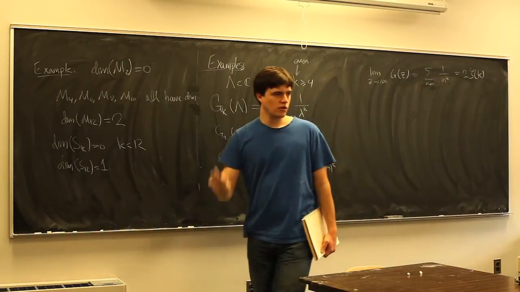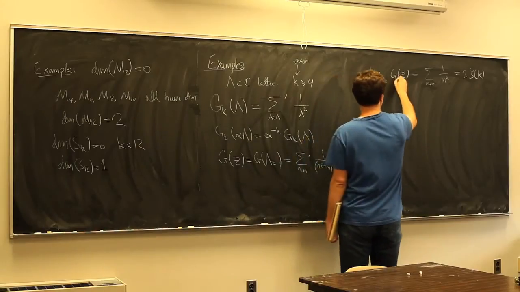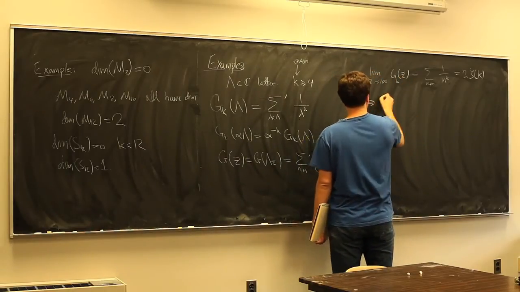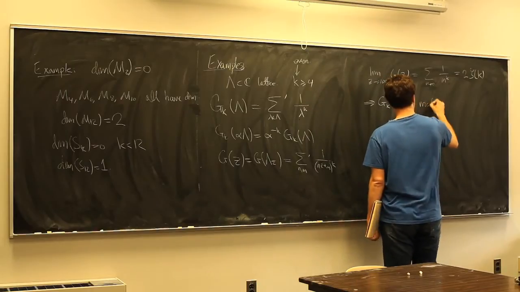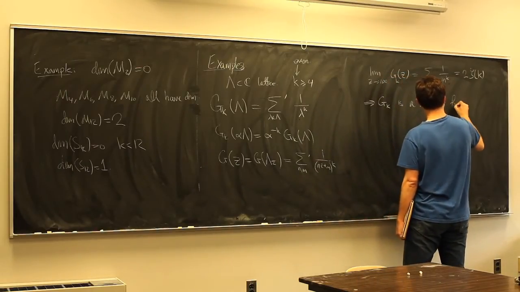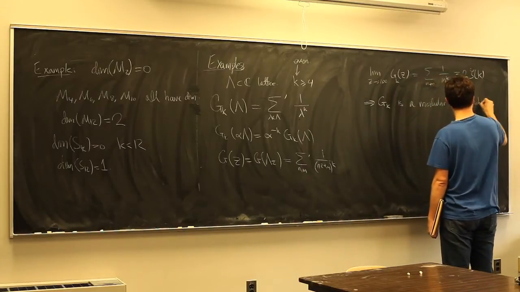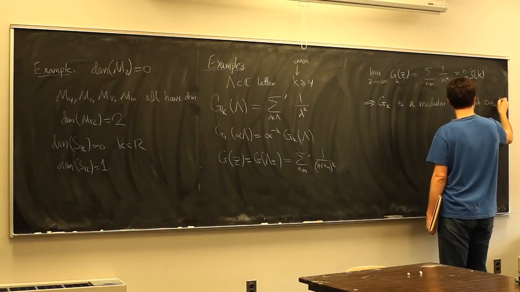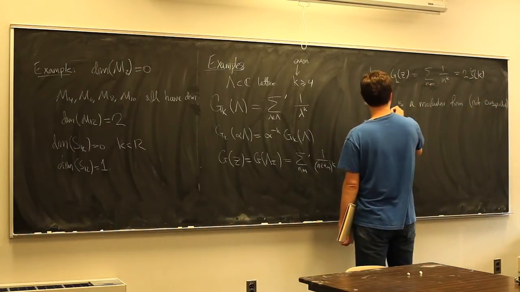So that means you have this holomorphic condition at infinity. This is g_k. Okay, so this says that g_k is a modular form. And we know it's not cuspidal because the zeta function is not 0, of weight k.